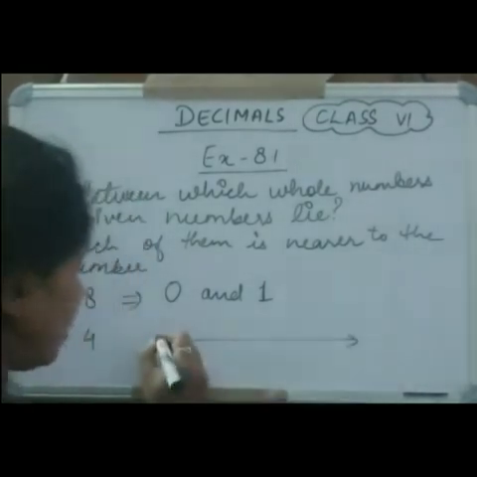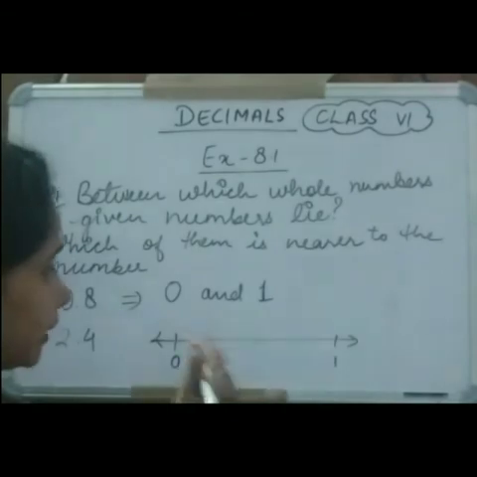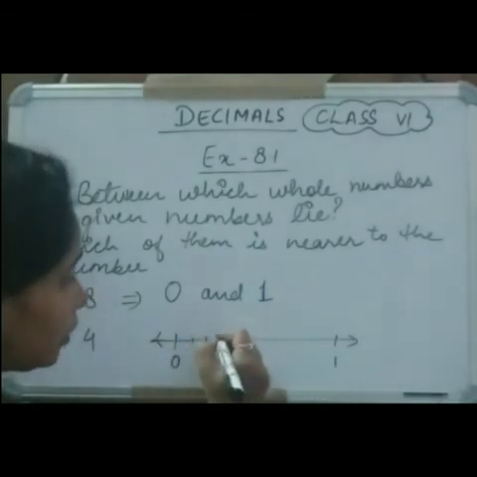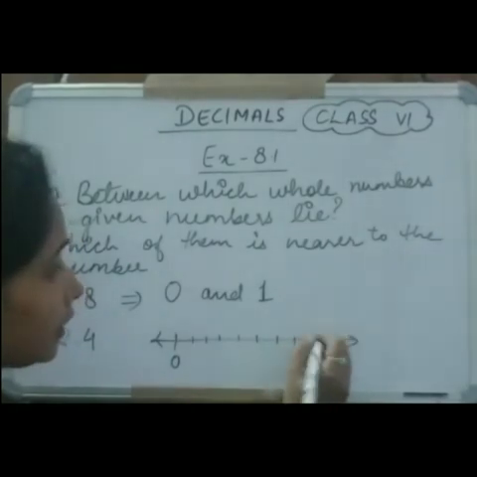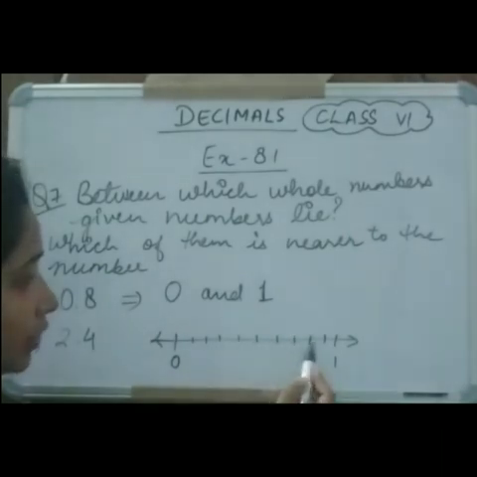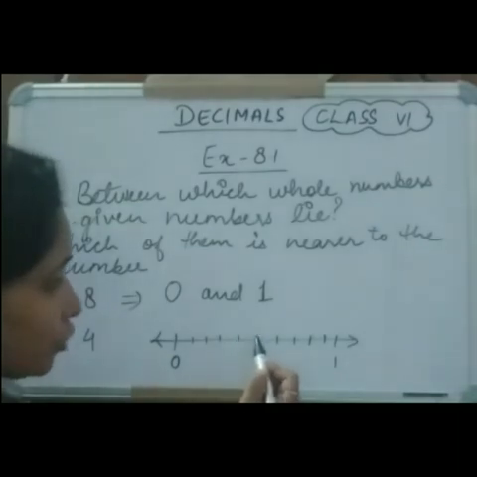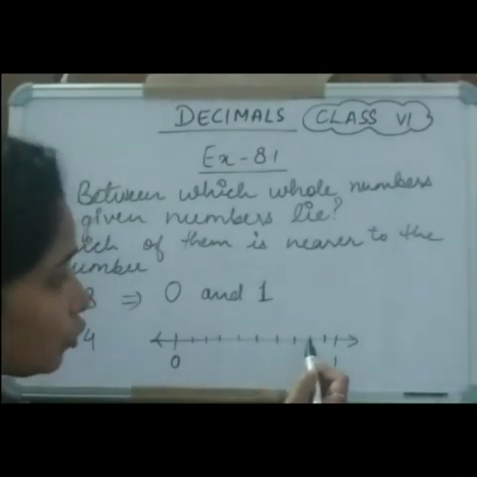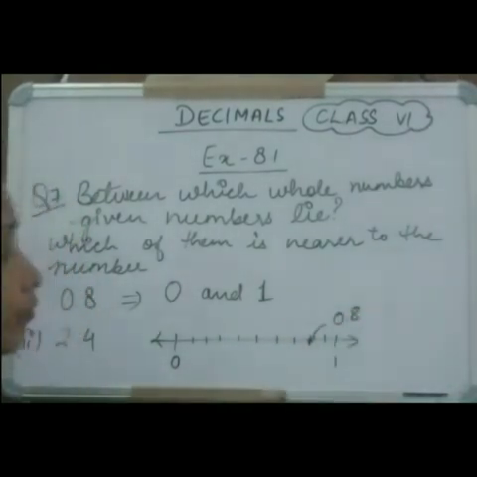If we make the number line, this is 0, this is 1. We will divide it into 10 divisions: 1, 2, 3, 4, 5, 6, 7, 8, 9 and 10. So see, 0.1, 0.2, 0.3, 0.4, 0.5, 0.6, 0.7, 0.8. Here it is coming. This one is 0.8, so it is lying between 0 and 1.